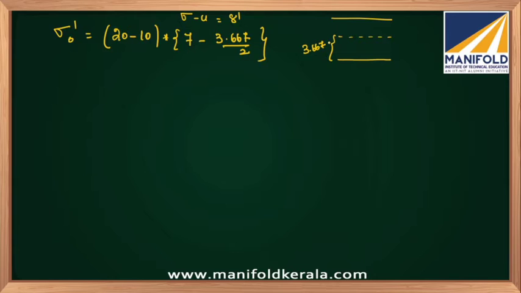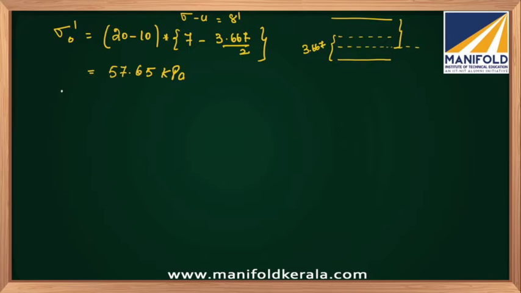To find sigma naught dash, the initial effective overburden pressure, we calculate the stress at this level, which is 7 minus 3.667 divided by 2. By simplifying this, I get the initial effective overburden stress as 57.65 kPa.